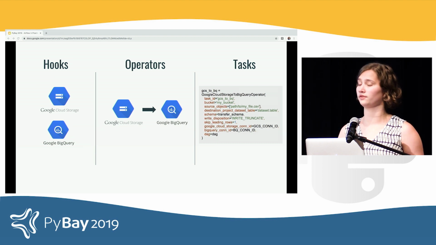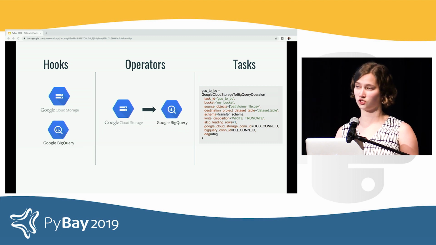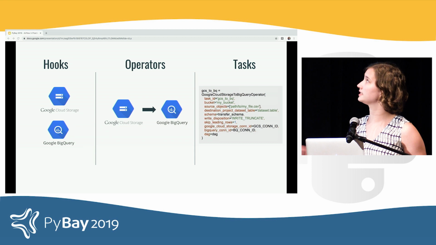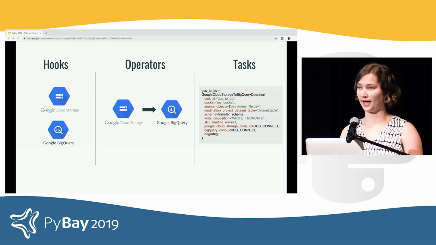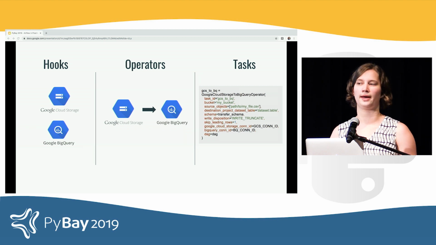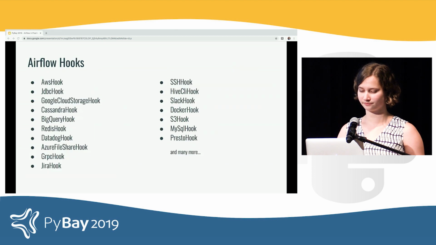So for this example of taking a file from GCS and putting it into BigQuery, we are going to determine which source path to take, which we see on the task on the right-hand side here, which bucket that path is from, and which table and data set to go into. It will also have some other information about loading the data that is specific to this ingestion.